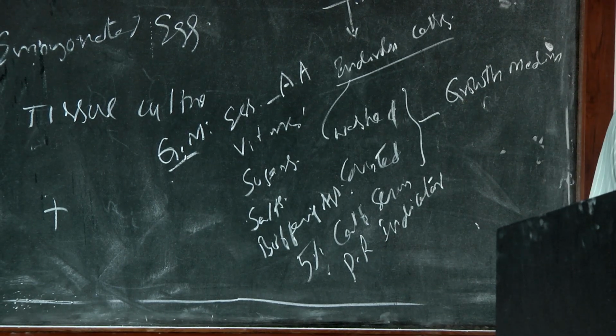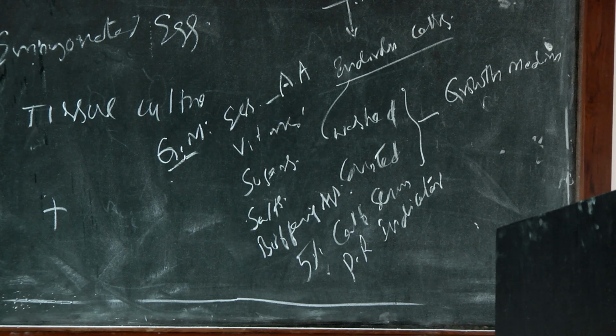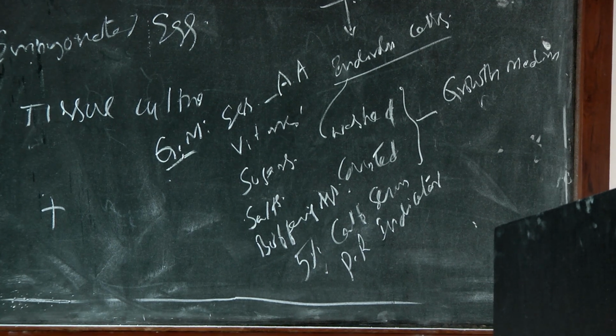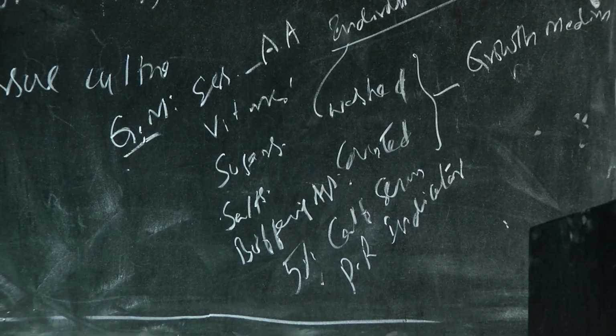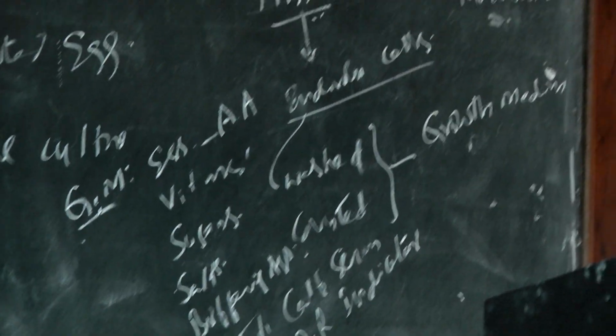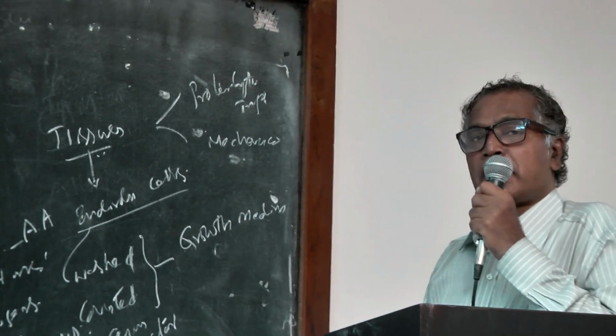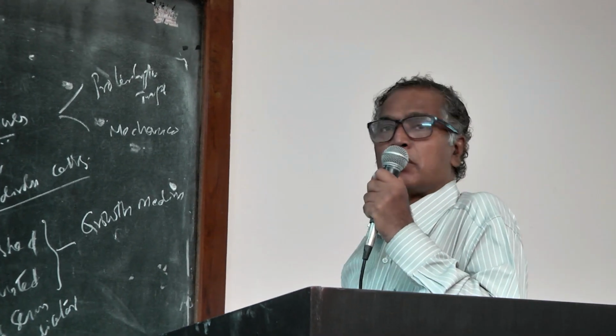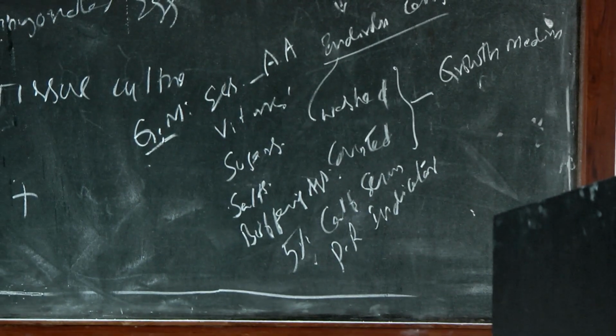So, a tissue is taken and subjected to proteolytic enzymes or mechanical shaking such that individual cells are obtained. These individual cells are washed, counted and suspended in the growth medium. This growth medium consists of essential amino acids, vitamins, sugars, salts, buffering agents, calf serum, antibiotics and phenol red indicator.